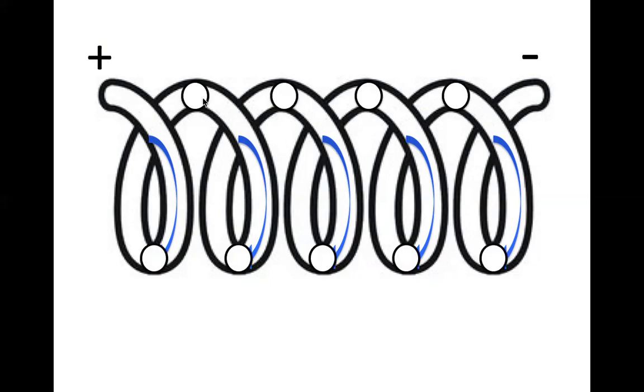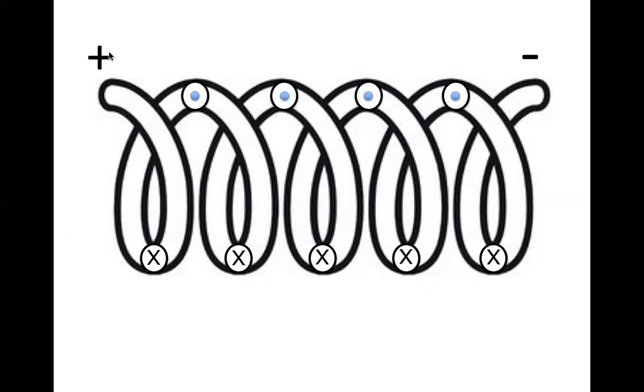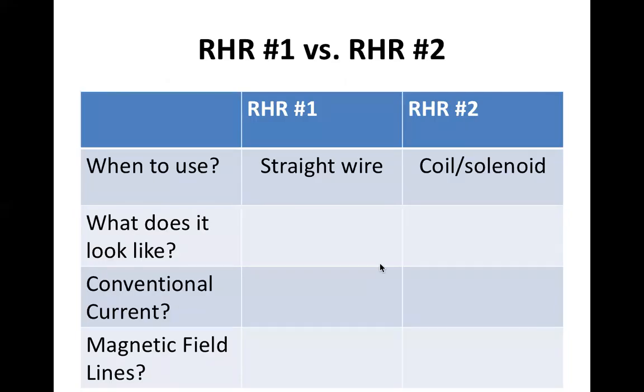Just taking a close look, you can do the cross section of this spiral, and you would see that if this side is the positive side, when you get here, we're going into the page, and when you get here, we're going out of the page. So you have parallel wires out of the page on the top and into the page at the bottom.